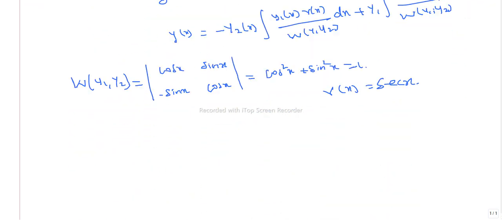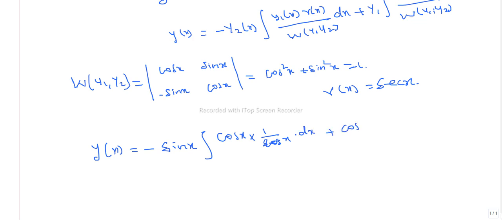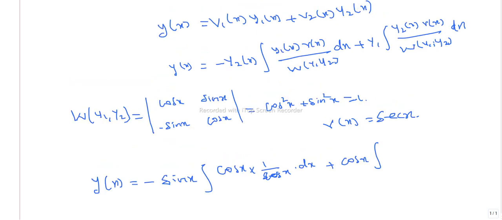Now substitute everything in this equation. We have y of x equal to minus y2, which is sin x, integral of y1, which is cos x, into r of x, secant x, nothing but 1 by cos x, and the Wronskian is 1, dx, plus y1, cos x, integral of y2, sin x, and r of x, 1 by cos x, dx, because the Wronskian is 1.